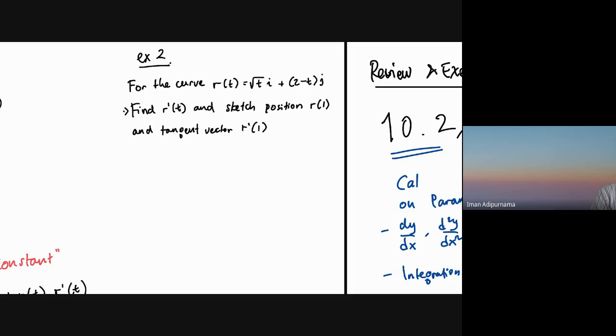So when t is 0, there's only a y value, right? 2, and the x value is 0. And when t is 2, y will become 0, and the x value will become square root of 2, and you will have the curve, right?